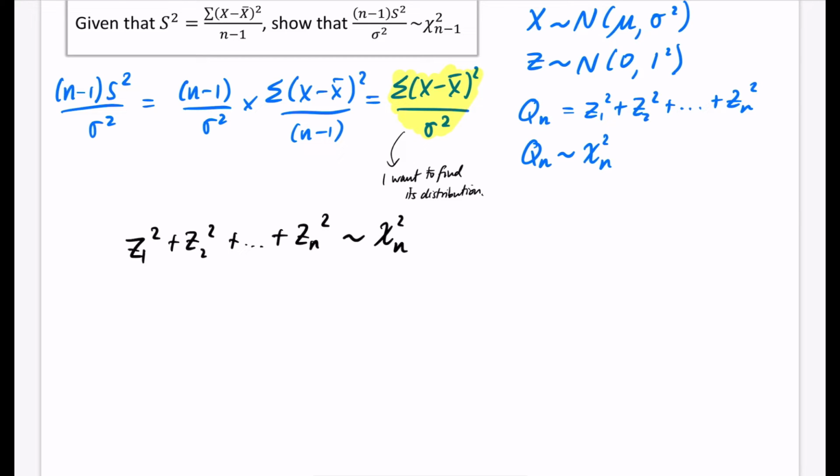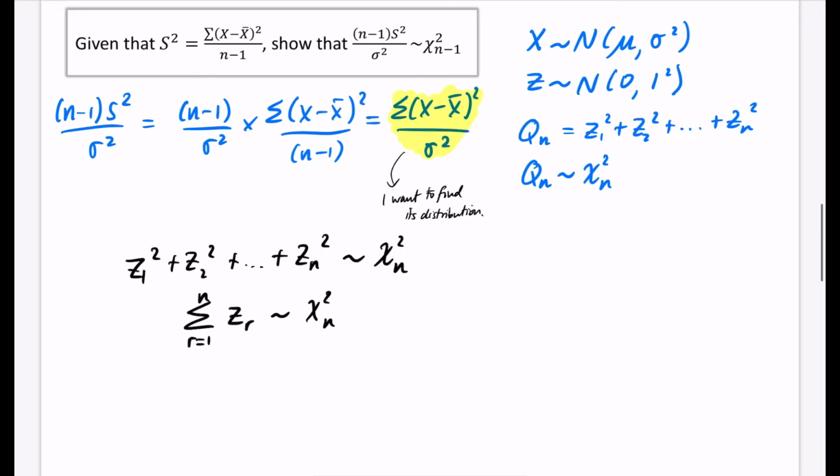And I'm going to try and write this now using sigma notation instead. So this is saying that the sum from r equals 1 to n of zr squared will have a chi-squared distribution. Now I know something about z, okay?